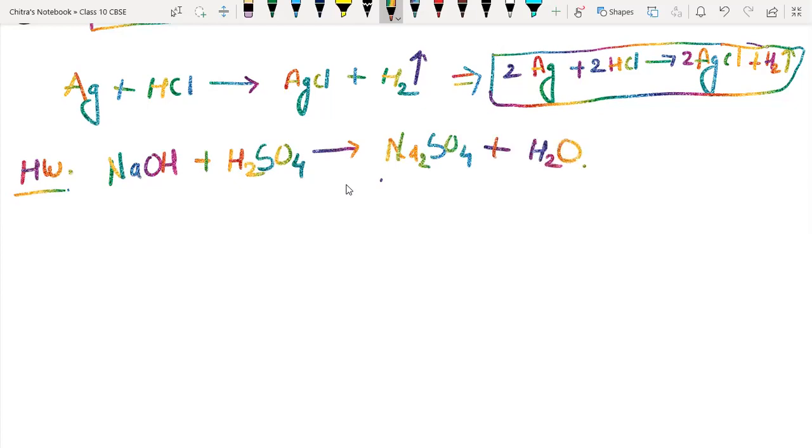Okay, so it is homework for you. By the next lecture you have to balance this chemical equation. It is homework. Okay, it is really very easy.